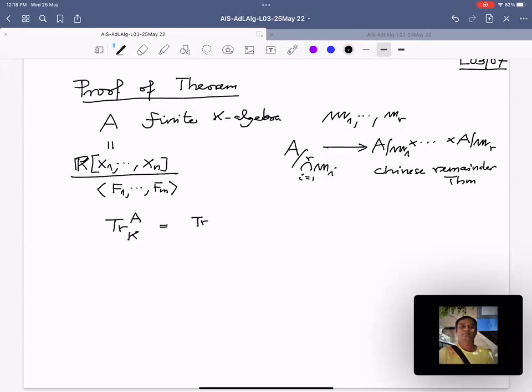So the trace of K, C over R, a few times this, and these are the orthogonal sums. A few times C, and the remaining times R over R.